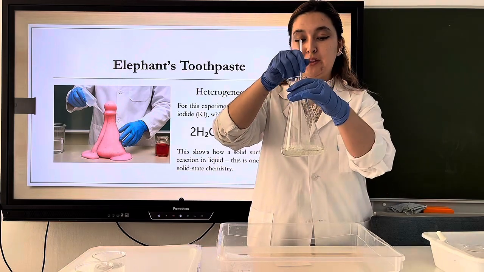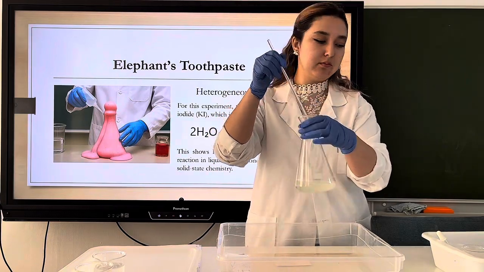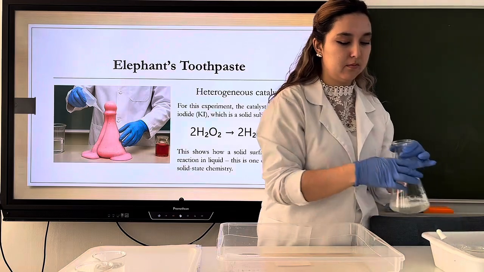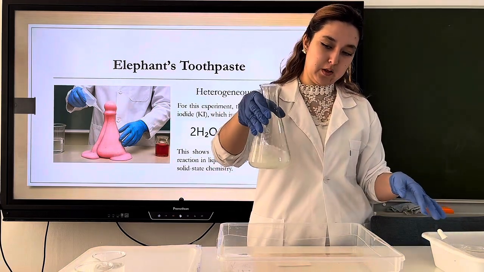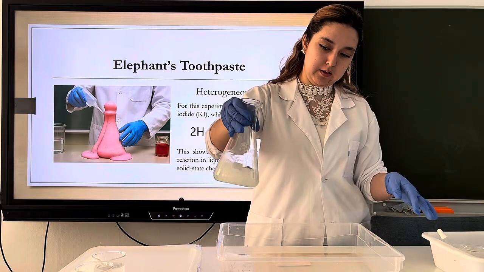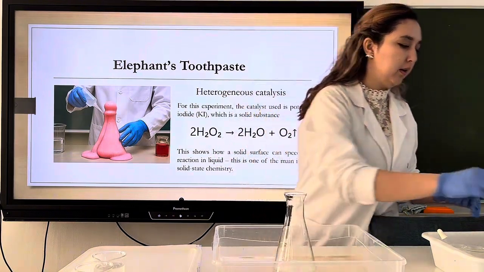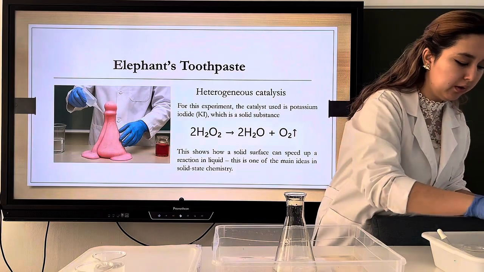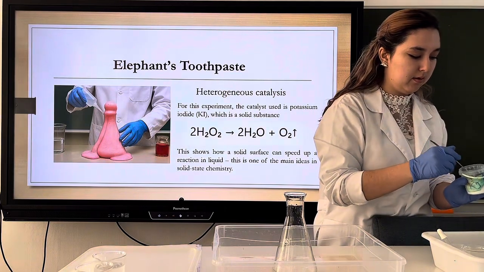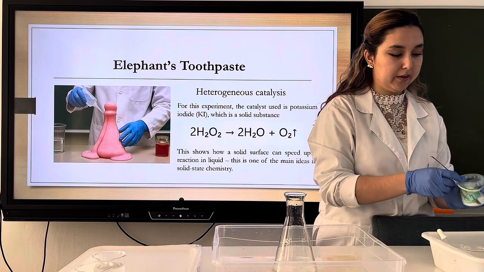So here is hydrogen peroxide and soap. I'll mix it. And here we add potassium iodide.